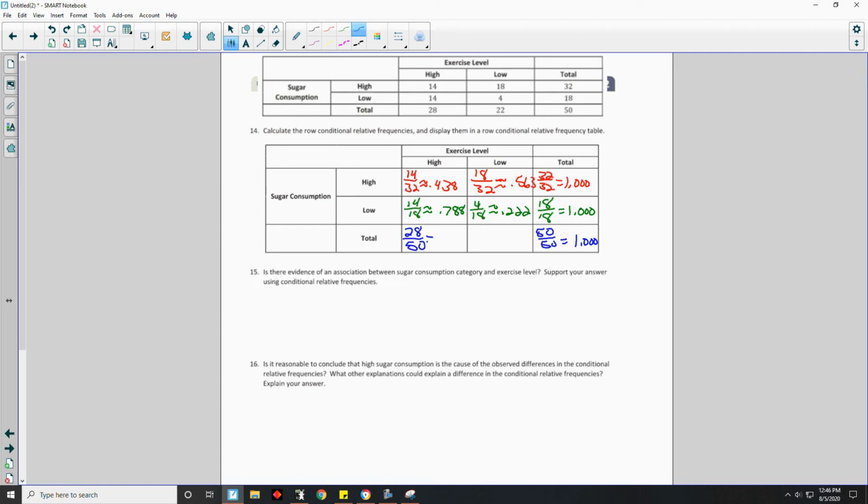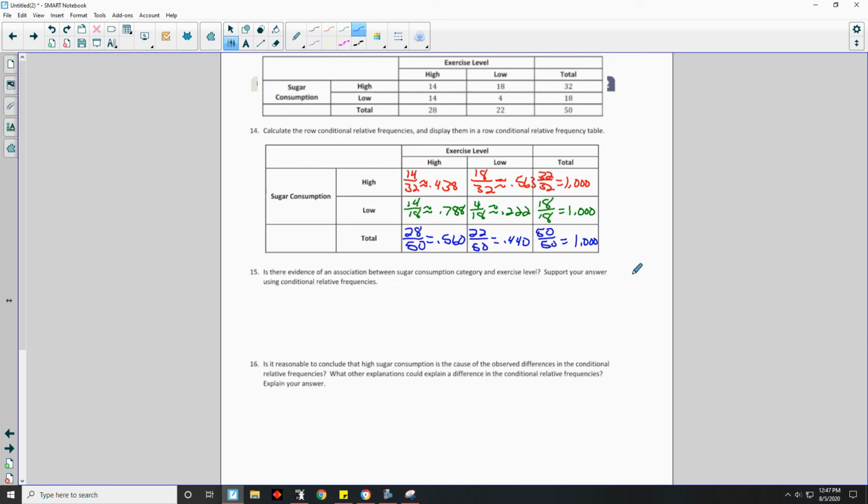So if you want to know a percentage, you would just double this, right? Because double the top and bottom, you get out of 100. So 28 times 2 is 56, so that'd be 0.560. And 22 out of 50 is 44 out of 100, so that'd be 0.44 or 44 100ths, or 440 1,000ths.